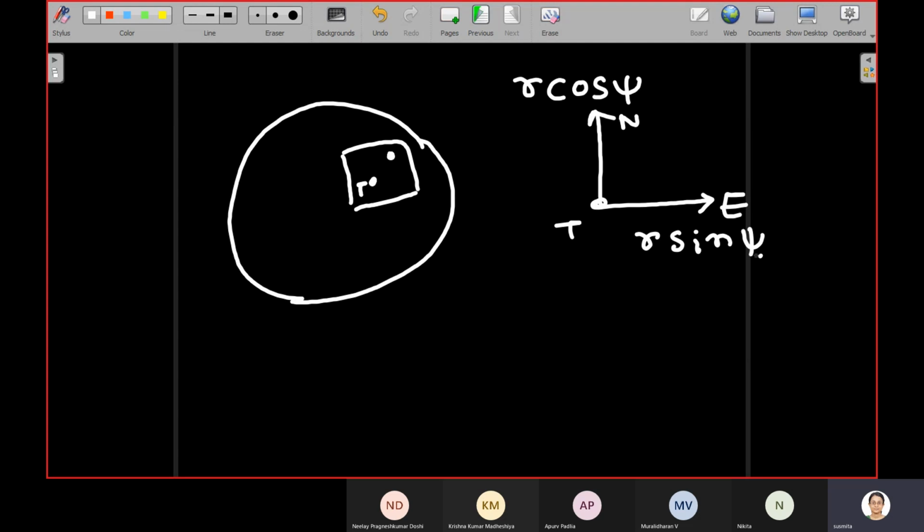Now I just consider the north-down section of the ellipsoid passing through the transmitter.